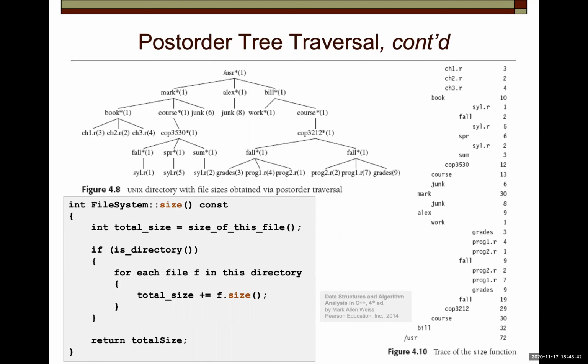This is an example of a post-order tree traversal, and it's most obvious when you look at the printing here: we always do the children first, and then we roll up that sum to the parent, and the sums keep rolling up till we get up to the root, and that will give us the final grand total size. So this is a post-order traversal.